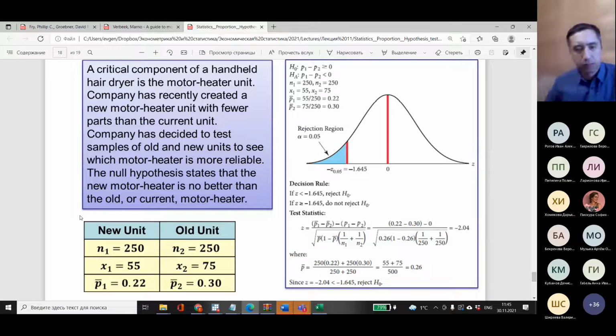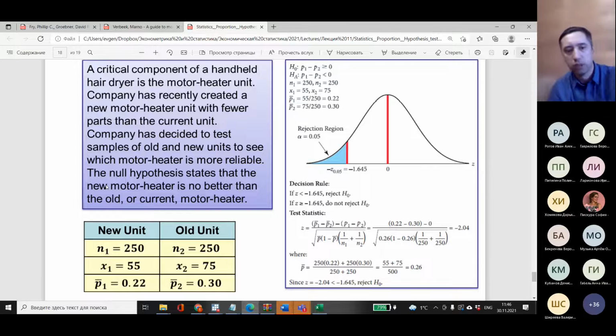First, try to avoid new words like efficient, effective, and try to use the same words as you see in your task. For example, the null hypothesis states that the new motor heater is no better than the old or current motor heater.